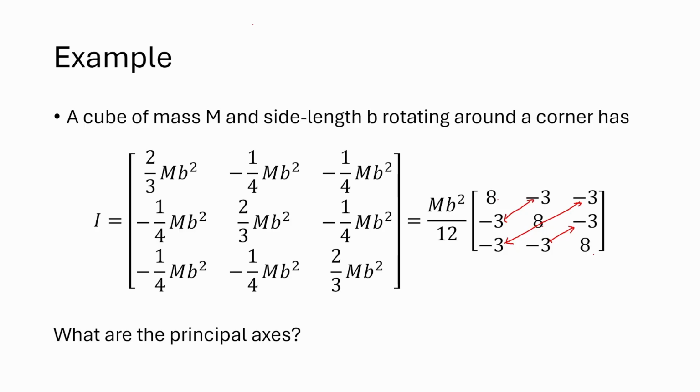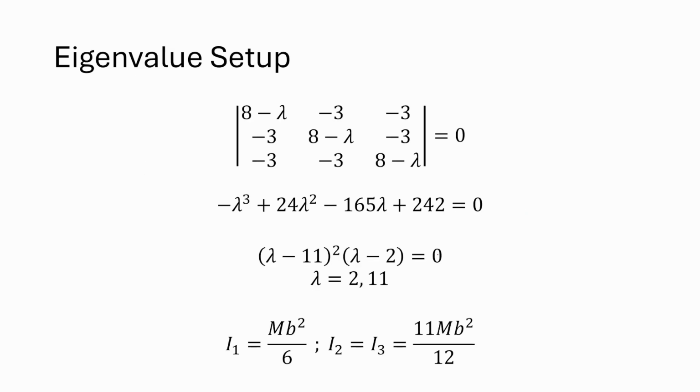So the question that came up a few days ago, people asking when is it a good idea to invert matrices? Well, if it's highly symmetric, there are tricks you can do to invert it much faster. We're not doing a matrix inverse, that just came to my mind. So what are the principal axes of a cube rotating around its corner? Well, here's the math.